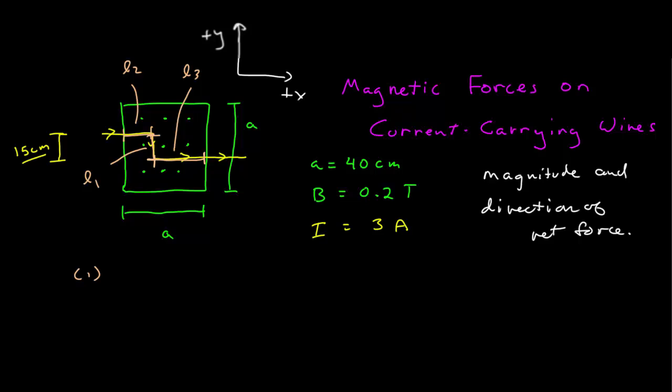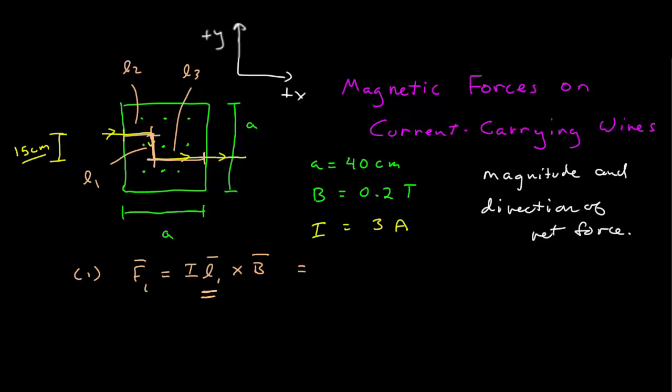Okay, so at the vertical part, I want to calculate the force on this segment of wire. That force is equal to the current through that wire times this L1 vector cross the magnetic field. This L1 vector has the length of the straight wire segment as its magnitude, and its direction is the direction of current flow. To do the cross product, I need the right-hand rule.